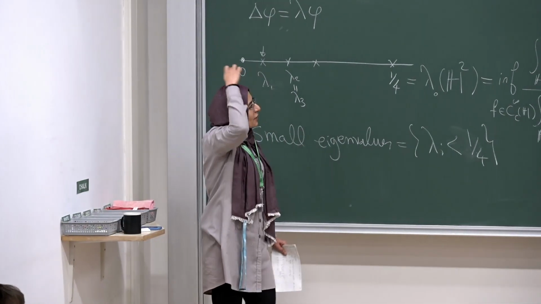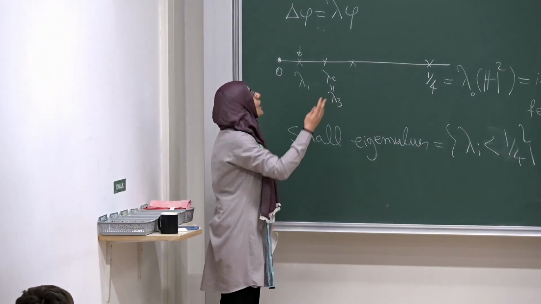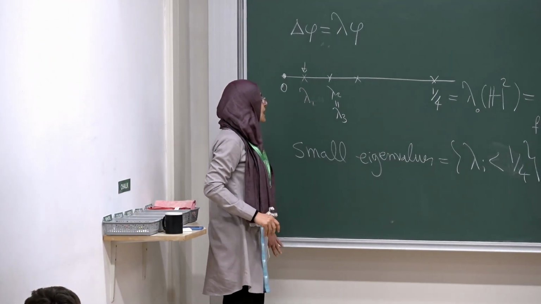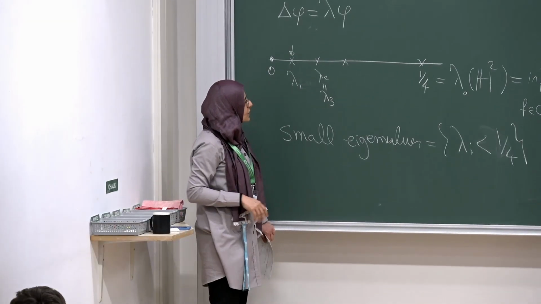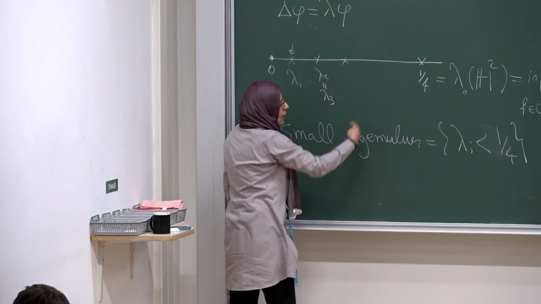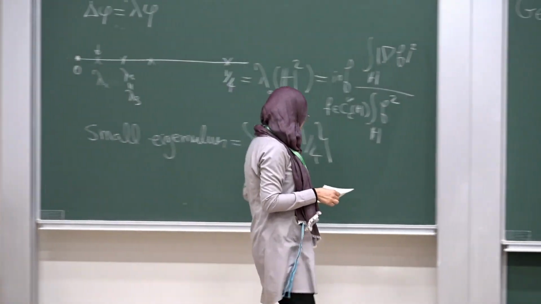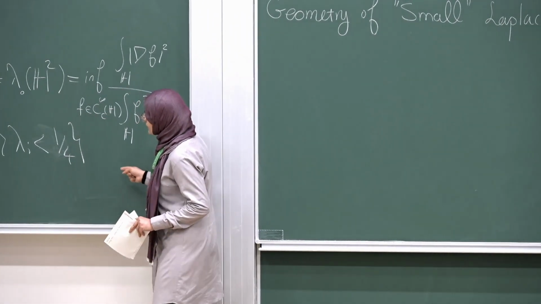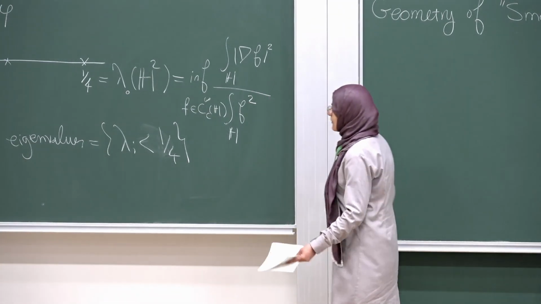Some of the results that I mention about small eigenvalues are also true in higher dimensional hyperbolic spaces. You will hear more about the spectral gap tomorrow, but we are interested in the whole collection here. Another thing that we are interested in is the number of these small eigenvalues, how many there are.